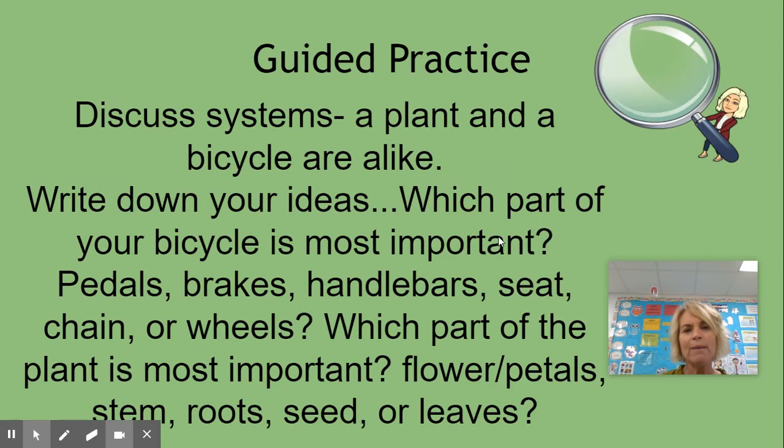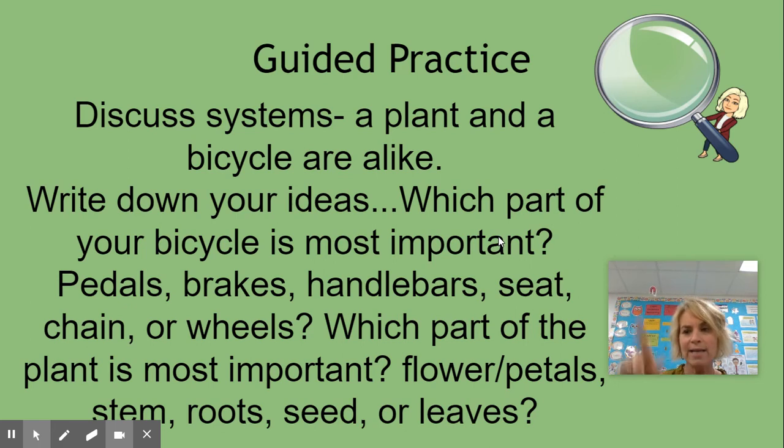So when we think about a system, I want you to think about how a plant and a bicycle are alike. And on your notebook, you can write down some ideas or just put them right up here. If I asked you, which part of the bicycle do you think is most important? Somebody might say the pedals, because if I don't have the pedals, I can't make the bike move. The brakes, I got to be able to stop. The handlebars, I got to be able to turn the bike. The seat, got to have somewhere to sit.